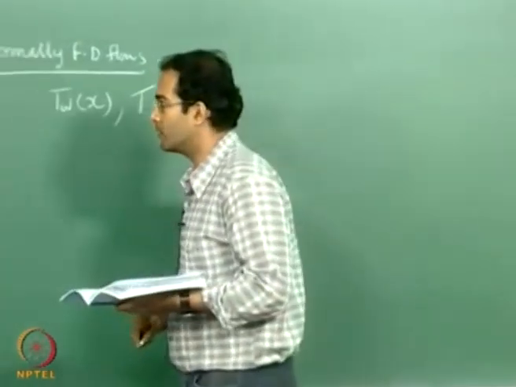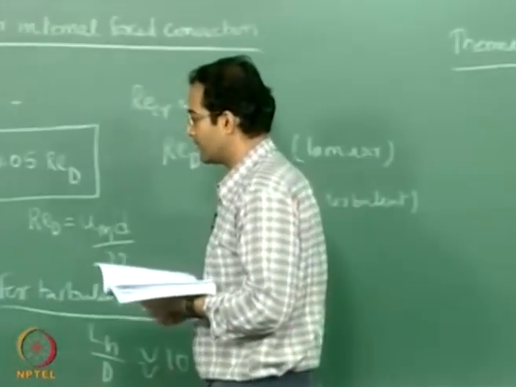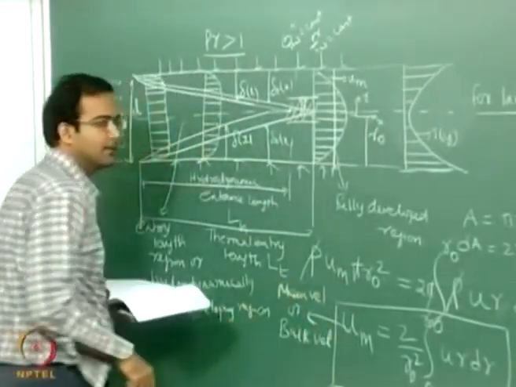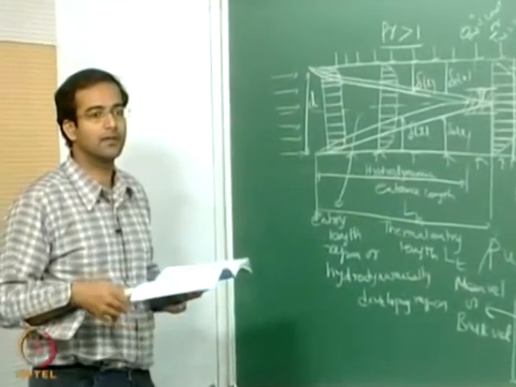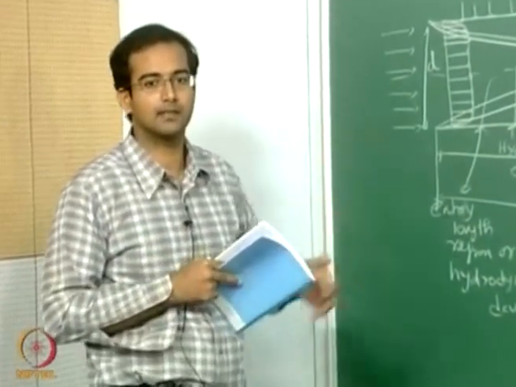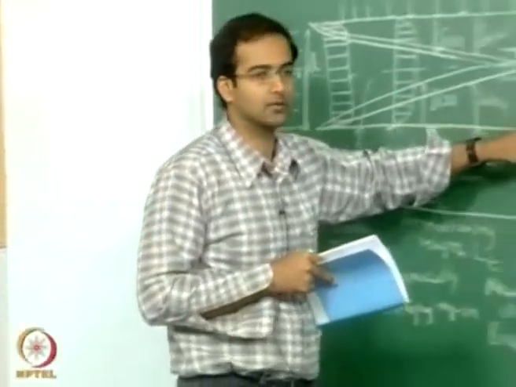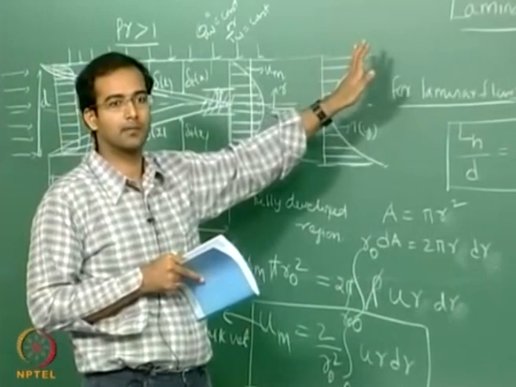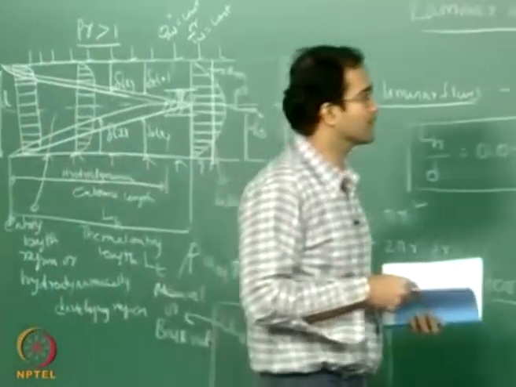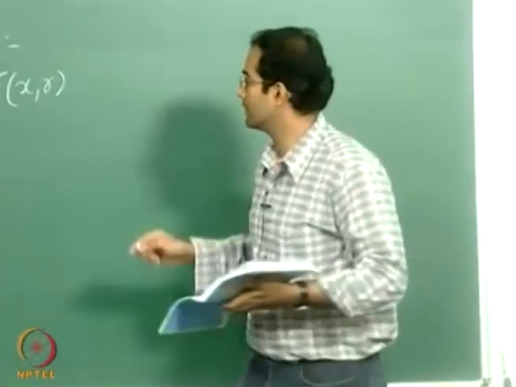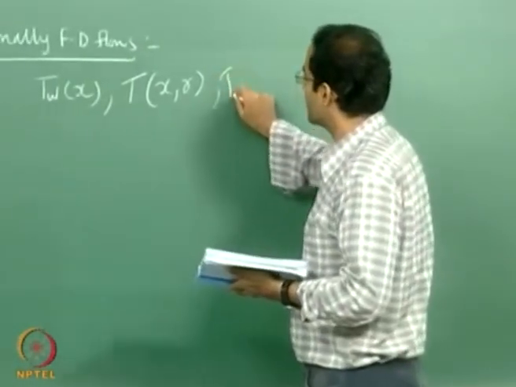Now, similar to the way that I have defined a mean velocity, I now have to define another temperature, something similar to a free stream velocity in external flow, for internal flows. So I will define what is called a mean temperature. I need all of this to define a non-dimensional temperature, correct? So I need to define another mean temperature.